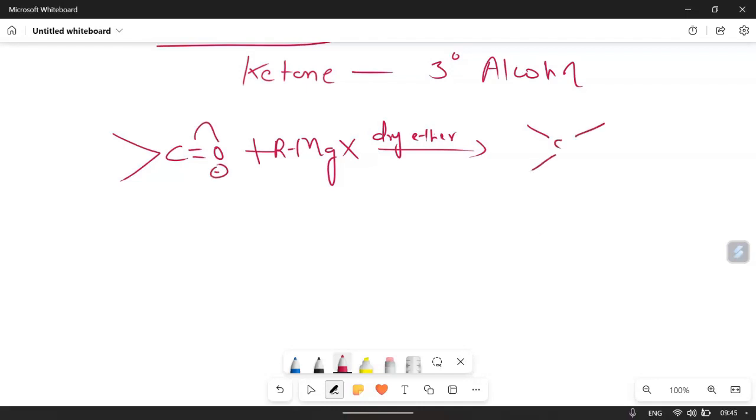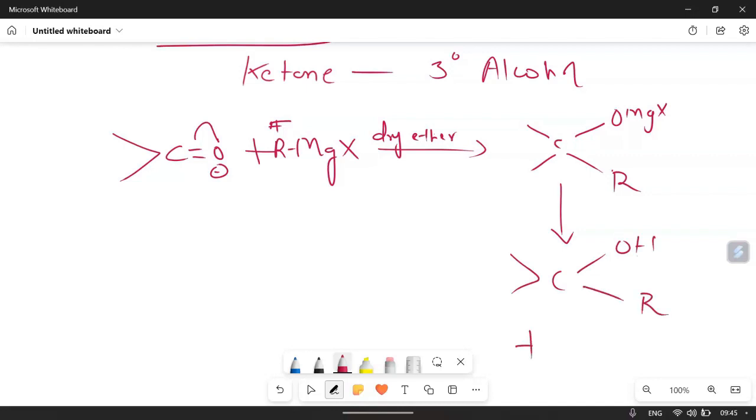There is a shifting of negative charge, so it will form OMgX, and the R, which is negative, will attack the positive carbon here. This is an intermediate. The further hydrolysis gives the alcohol R-C-OH plus Mg(OH)X.